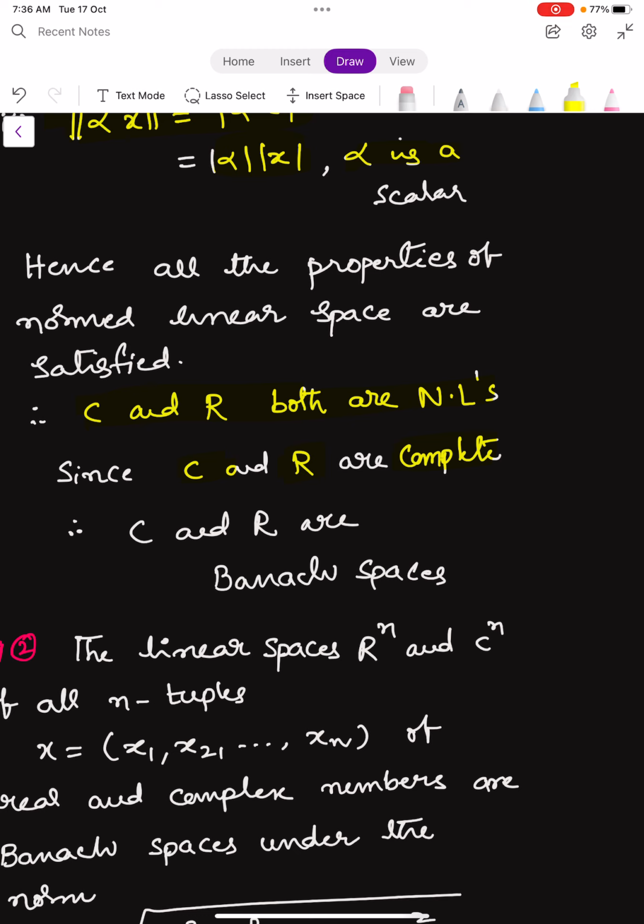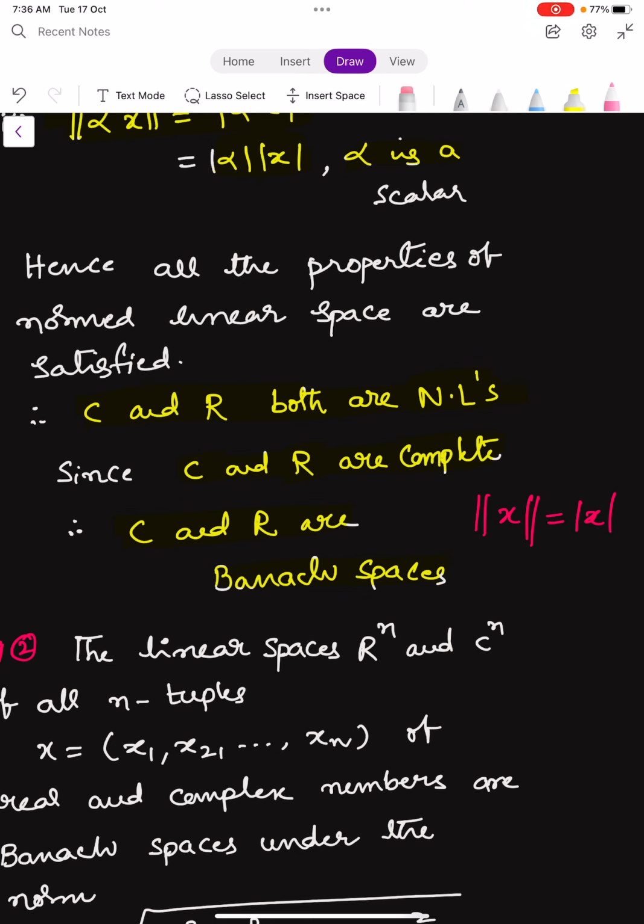Therefore, they are complete as well as normed linear spaces. Hence, both C and R are Banach spaces under the standard norm defined as norm x is equal to mod x.